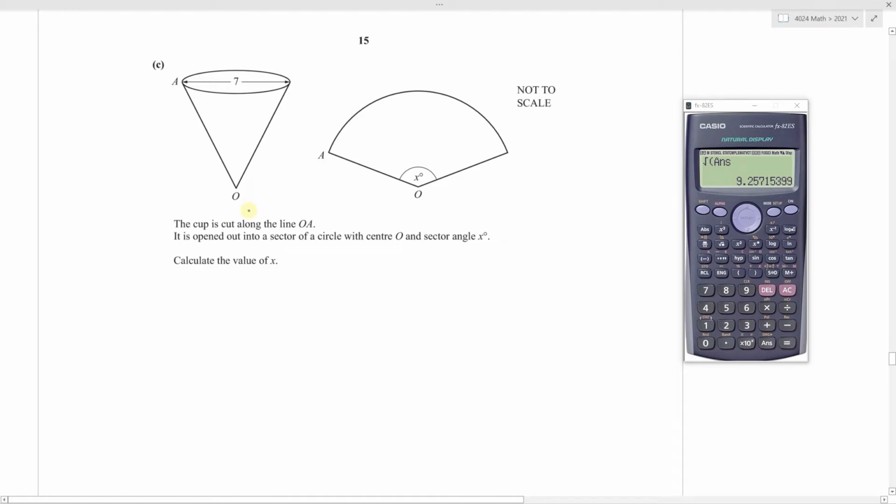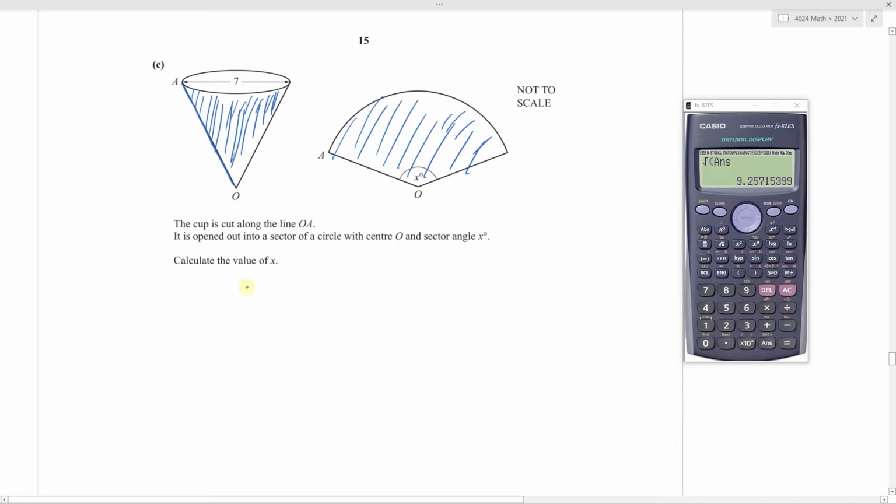Part C: the cup is cut along this line OA. So it's opened up into this sector of a circle with center O and angle x degrees. Calculate the value of x. So if you cut along this line and open it up, this becomes a sector. So the area of this sector is the same as the curved surface area of this cone.